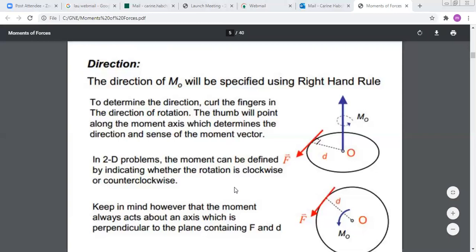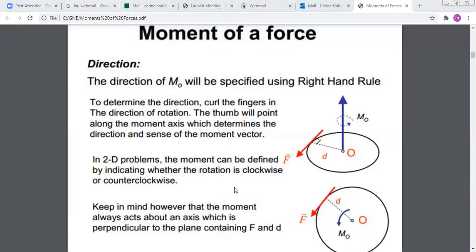As we said, if you have motion in the XY plane, the moment will be along Z. Since all forces are along XY, they cannot produce moments about X and Y, they can only produce moment about Z. So as you can see here, this is plane XY, this is X, and this is Y, and this is Z. Since force F is in plane XY, it will only produce a moment about Z. This is why in 2D you don't need to say whether it is along plus Z or minus Z. You can define the sense in another way: you can just say if it is clockwise or counterclockwise.